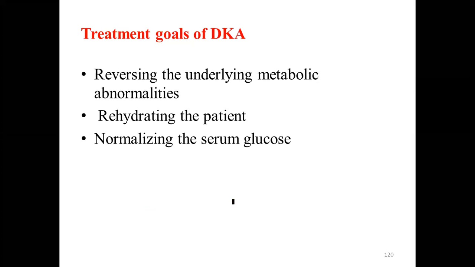So how do we manage DKA? Management is usually reversing the underlying metabolic abnormalities: we rehydrate the patient and normalize the glucose level. But rehydration is the first priority. Remember, what kills the patient is dehydration as a result of sudden shutdown of the renal system.